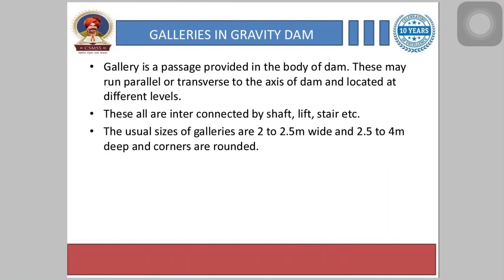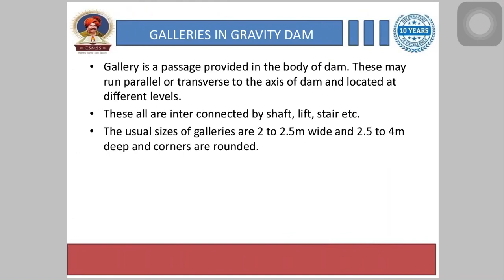Galleries are the horizontal or sloping openings, or we can say passages left in the body of the dam, and they may run parallel to the dam axis or normal to the dam axis.